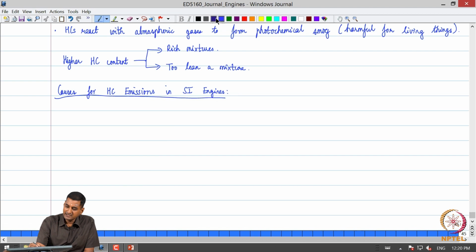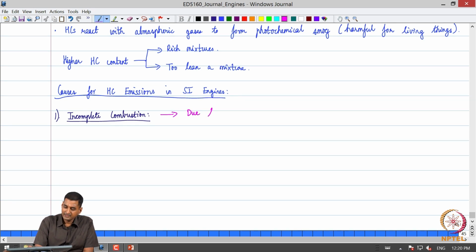So the first one is due to incomplete combustion, obviously. So the combustion process is not complete, and there are multiple reasons for this.